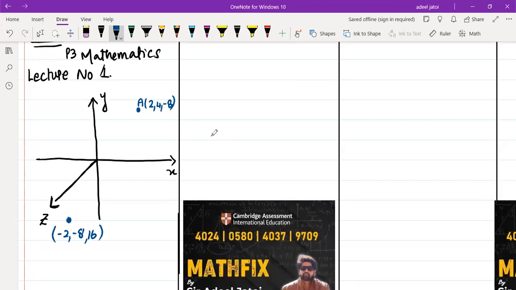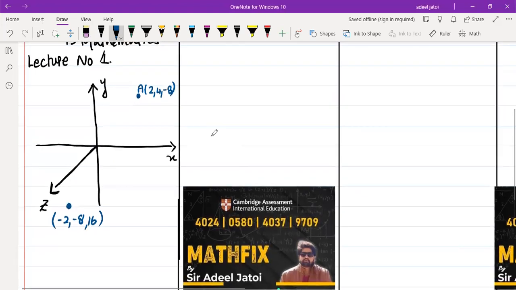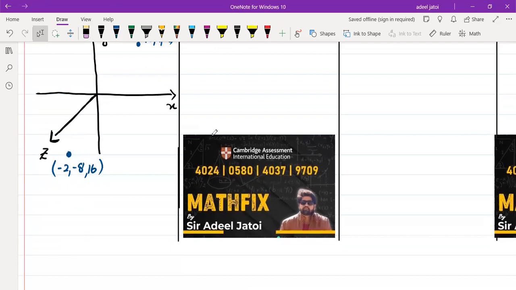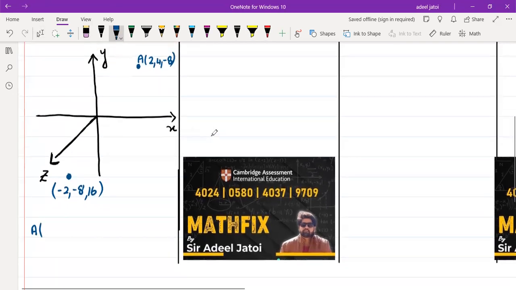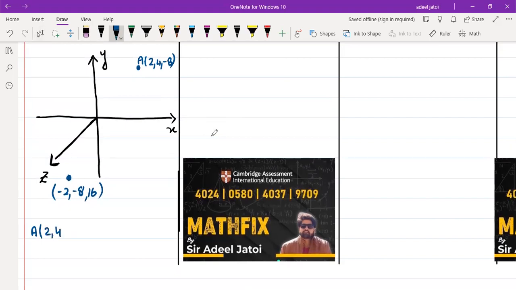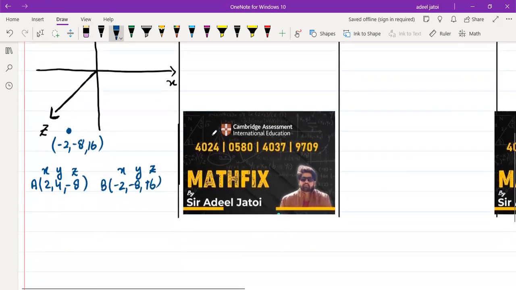Generally, the first one is representing X, the second one is representing Y, and the third one is representing Z. So if A is 2, 4, and -8, this is X, Y, and Z. B is -2, -8, and 16. This is X, Y, and Z for the coordinate.